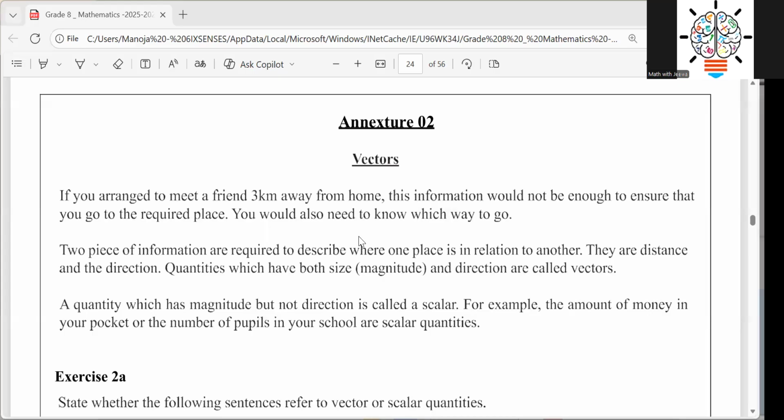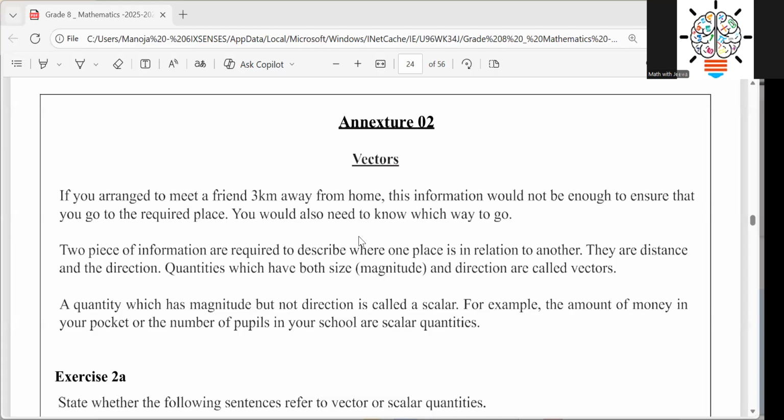Those who are not from Kandy, don't think about where Kandy and Katugastota are. Let's say your friend has come to the bus stand and calls you: hi, friend, I just got down from the bus. I'm planning to come to your place to visit your sick grandma.